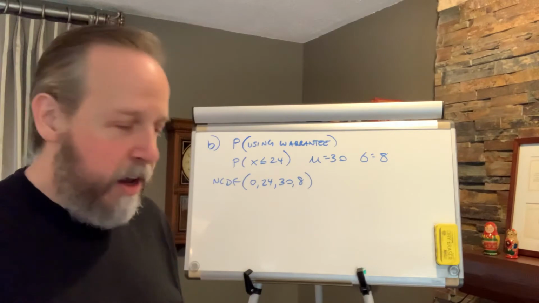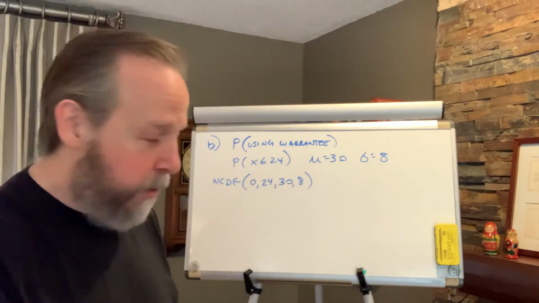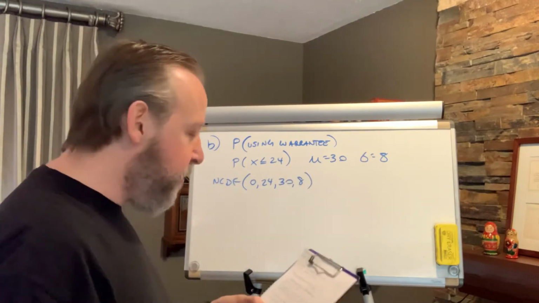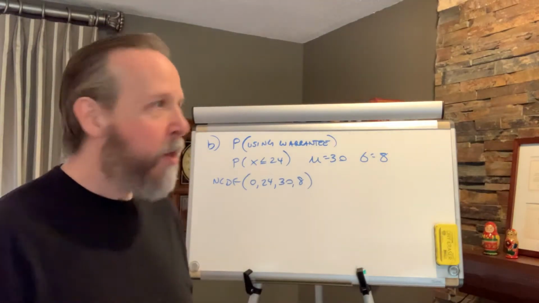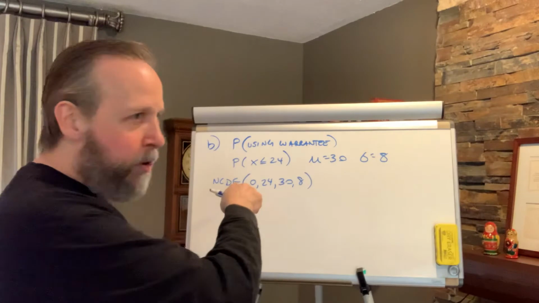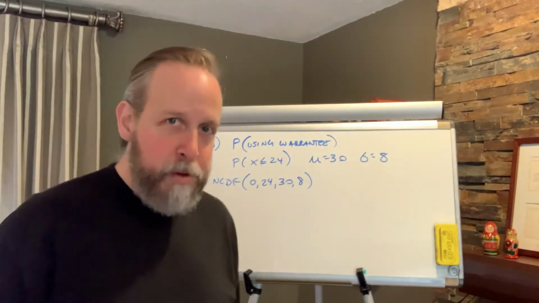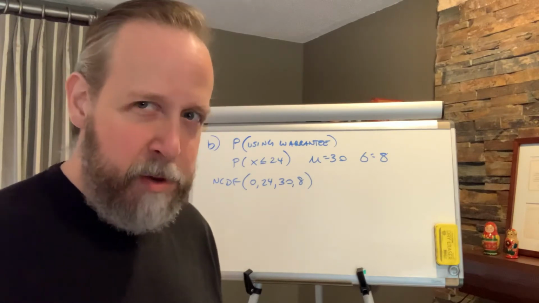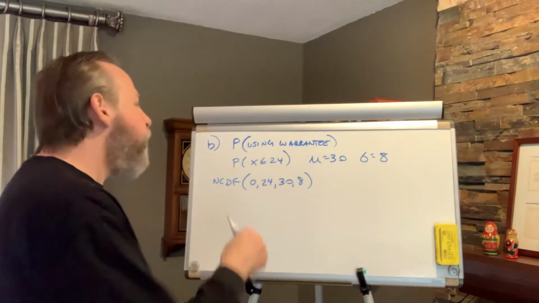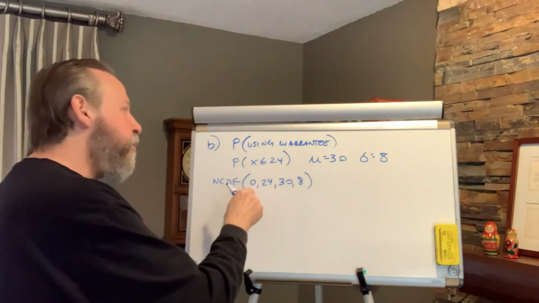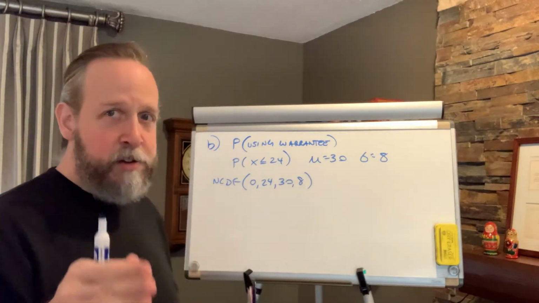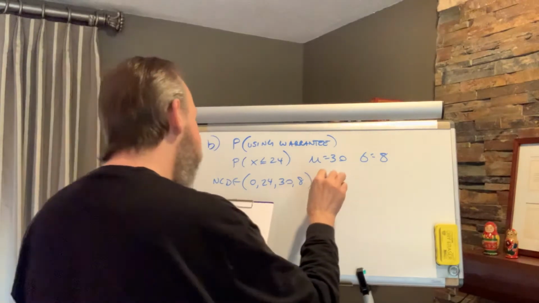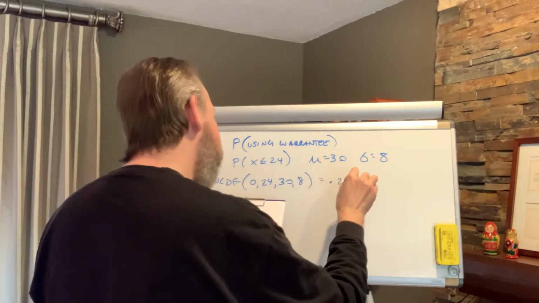Please understand, again, you could also have used the z-score we just found, but explain this, all right? In the write-up, we could say the area under the normal curve from 0 months to 24 months. Remember the previous one was actually 24.604, so it's not exactly 24. Use this instead. So the area under the curve from 0 months to 24 months with a center expected of 30 with an 8 standard deviation gives us an answer of 0.2266.